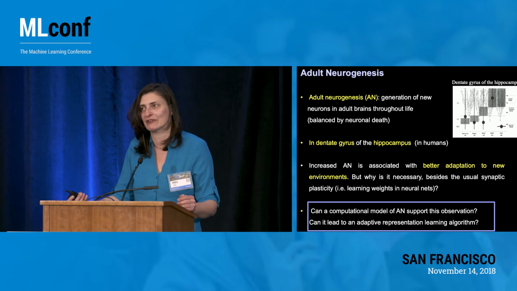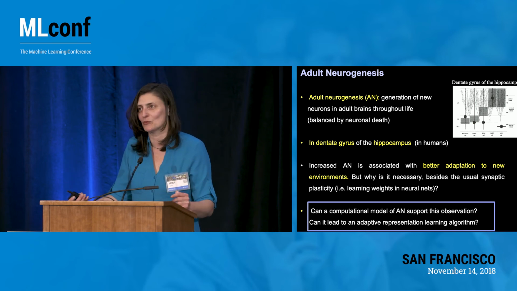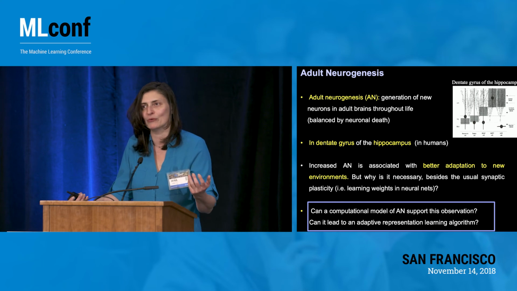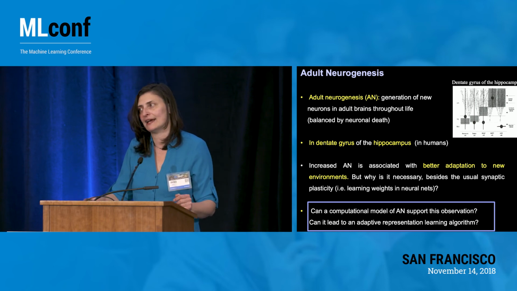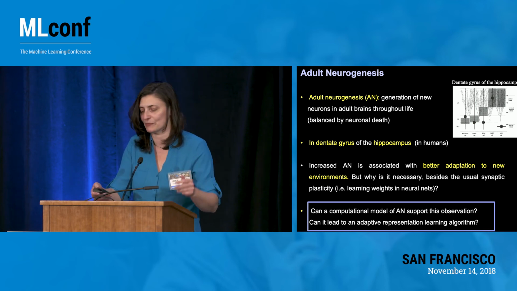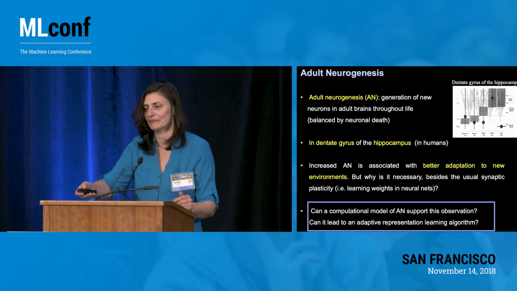So the story was, can we come up with a simple computational model of the process which would show computational advantages of neurogenesis in a non-stationary environment? And as a second benefit, can we come up with a better learning algorithm?